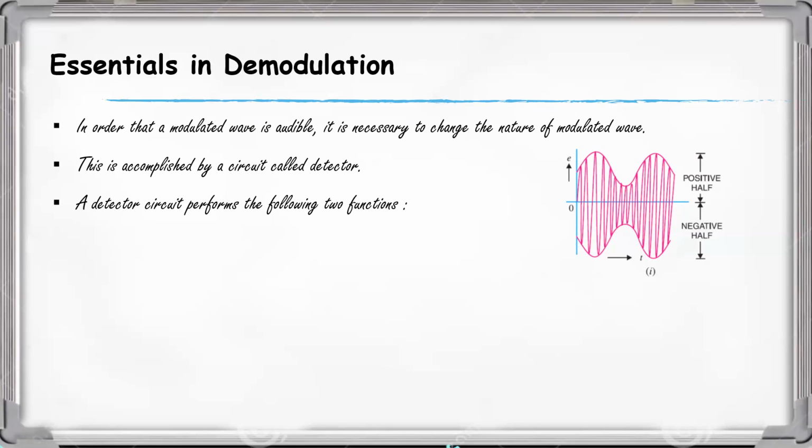how can we obtain that? We can use a rectifier circuit. We know that a rectifier allows current only in one direction.